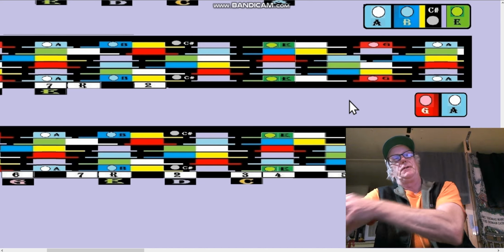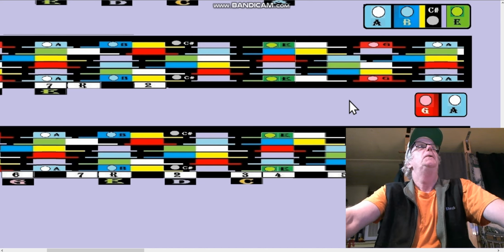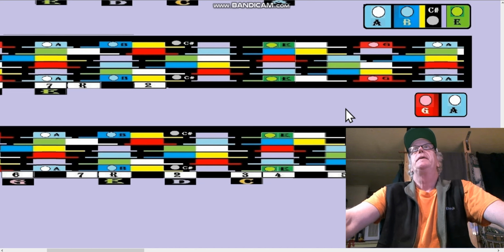That was a bunch of inversions. It's easy for me on piano to do inversions, not easy on guitar, but that's why I find it interesting. So the key of B flat here.